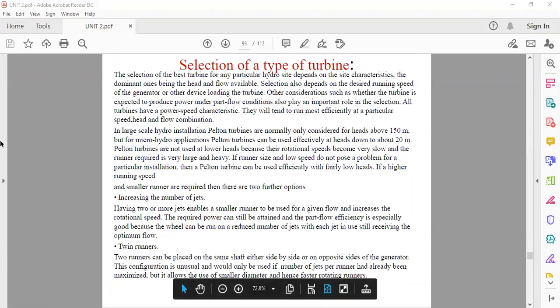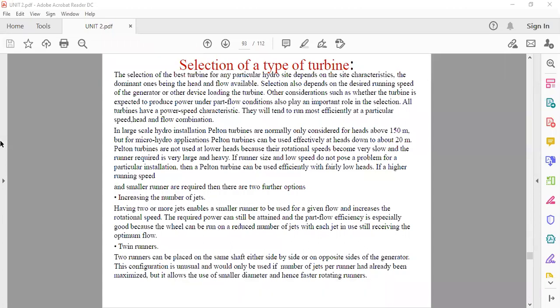If higher running speed and smaller runners are required, then there are two further options. Increase the number of jets. Having two or more jets enables a small runner to be used for a given flow and increases the rotational speed. The required power can still be attained.